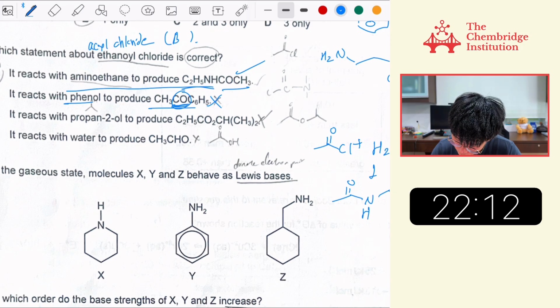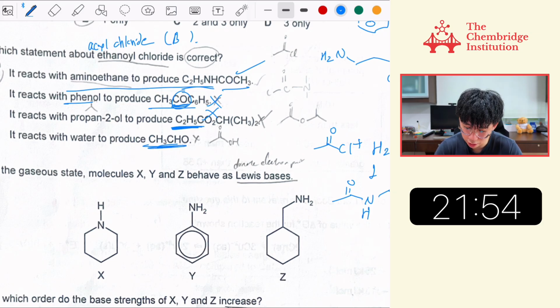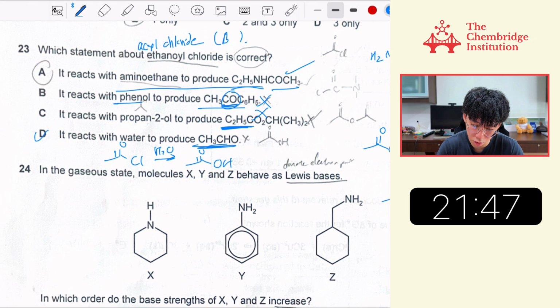Yeah, but there's too many carbons here. This is not ethanoyl chloride. Wrong. It reacts with water to produce this. No, it produces a carboxylic acid. Why would it produce an aldehyde? Yeah, so this under water will just give you this. Wrong. I'll pick A.